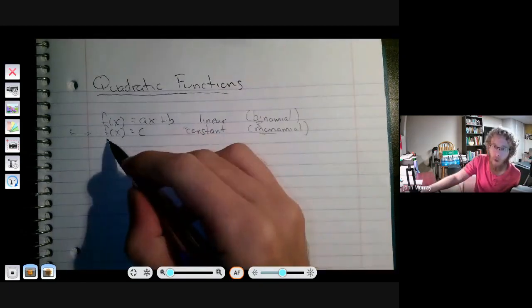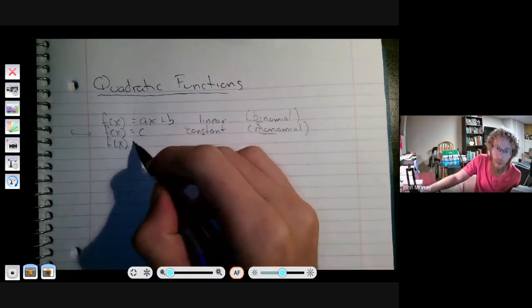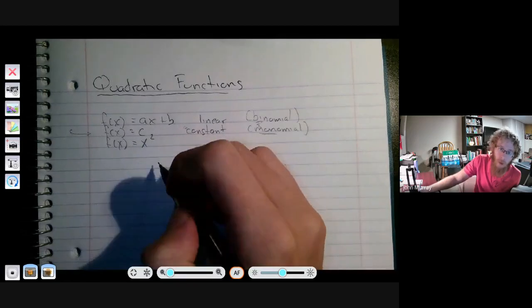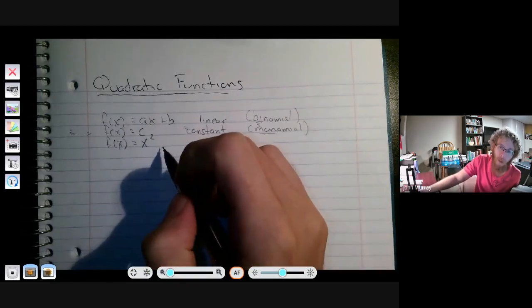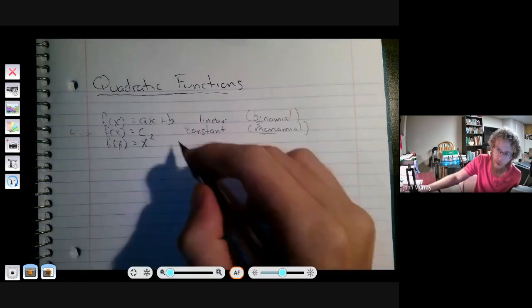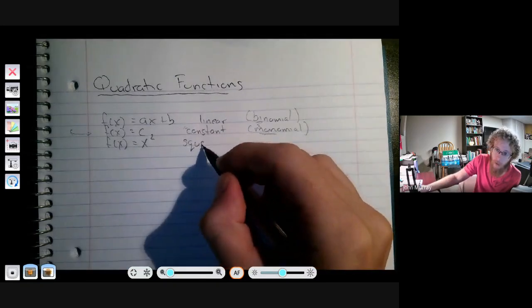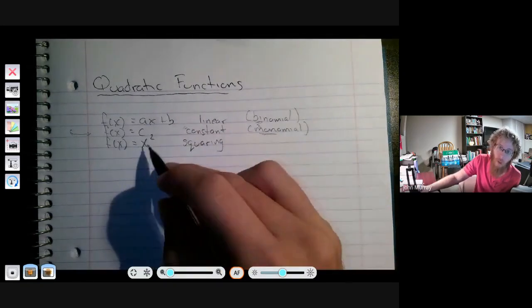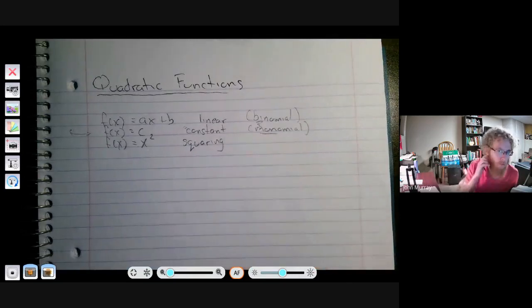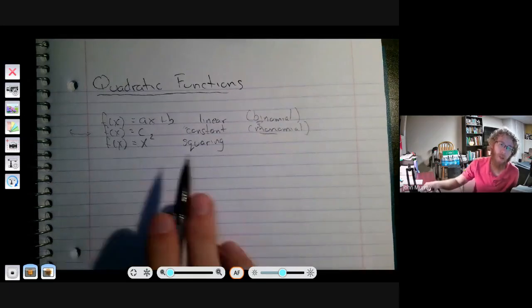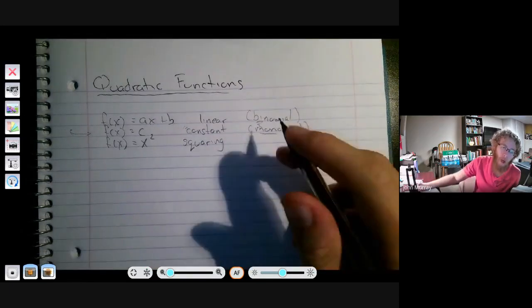So we talked about certain graphs and their shapes. Okay, so the basic parent function is the squaring function. Okay, and when we went over this, the shapes of different graphs, we talked about this, right? This gives us a parabola.